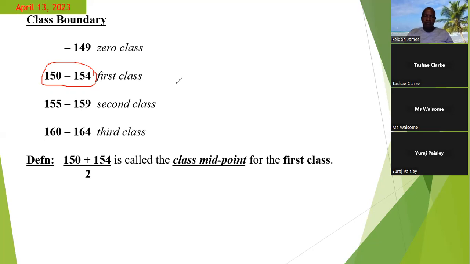Now you could also find the class midpoint by finding the difference and splitting it, and you put half on the lower limit. So if you split the 4 into 2, or you divide it by 2, you get 2. So you will just add it to what? The lower class limit. So you will get 152, and that would give you the class midpoint. Everybody see that?